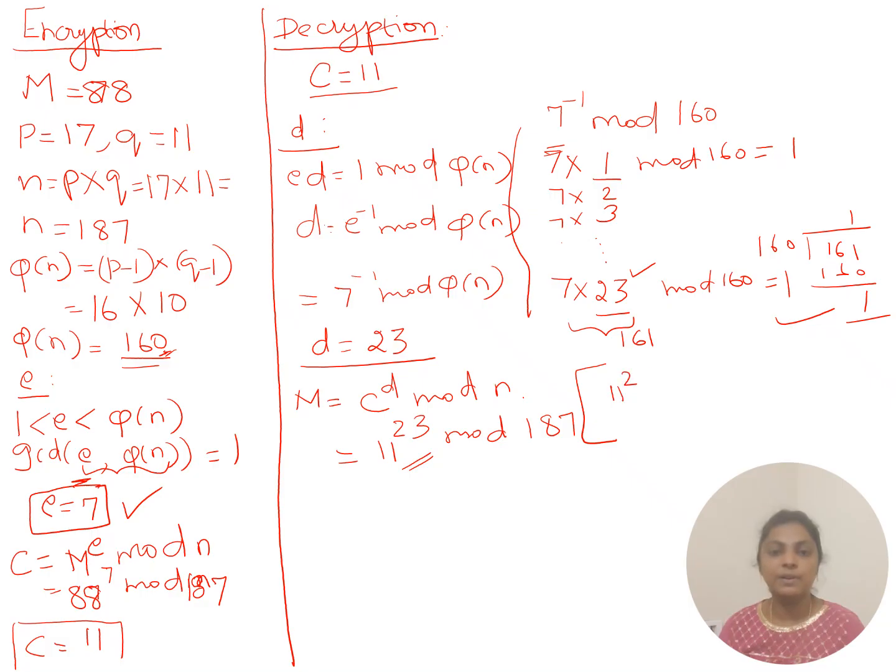So 11 to the power 23 can be written as 11 to the power 1, then 2, 4, 16, so 17, and then 8, so this becomes 24.